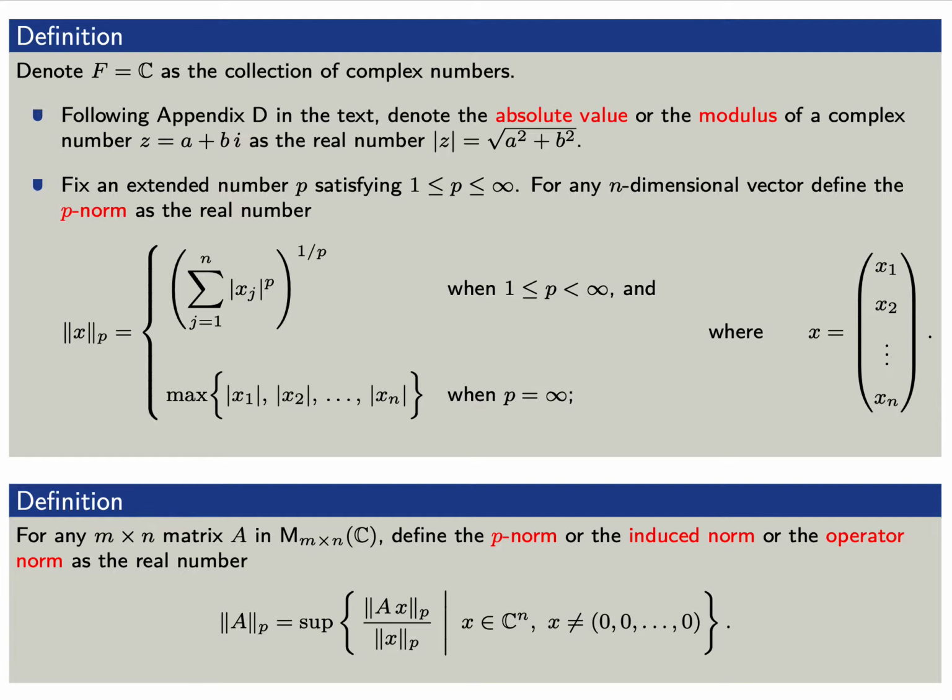For any non-zero vector x, let's take a look at the ratios: p-norm of A times x divided by the p-norm of x. The largest of these values is what we define as the p-norm of a matrix A. Unfortunately, it's very difficult to compute with this in practice, but we'll see some properties of this p-norm of a matrix throughout today's lesson.